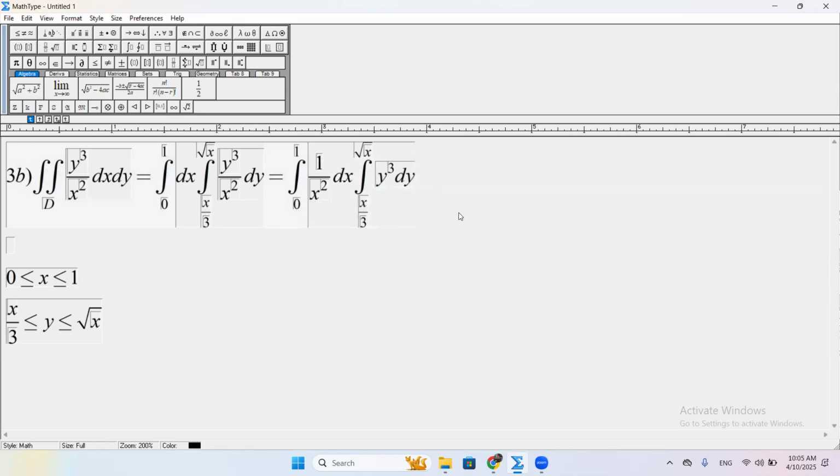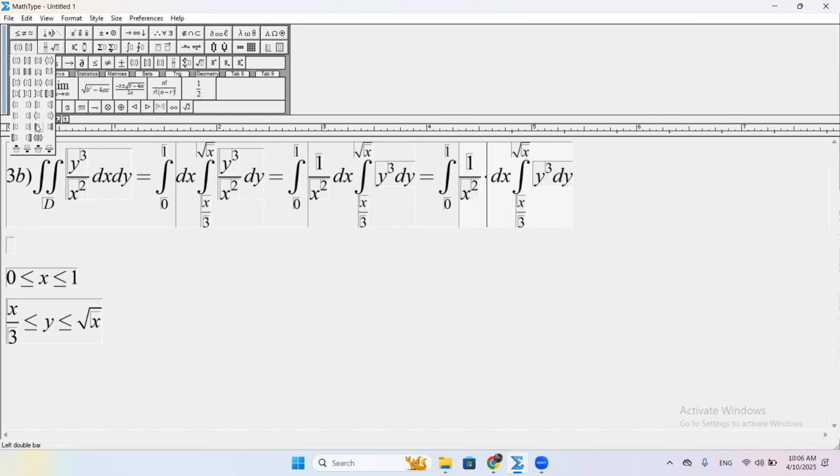So now it is correct, and it will simplify our life. Now let's calculate the antiderivative of y.